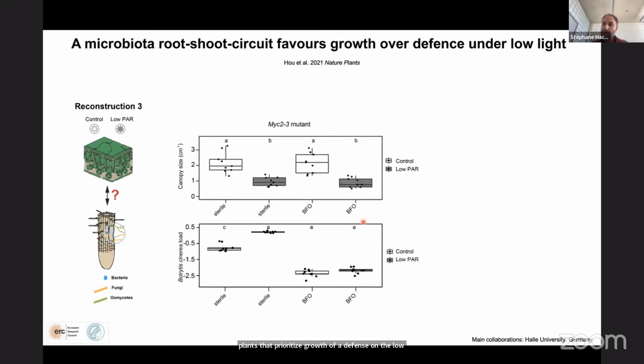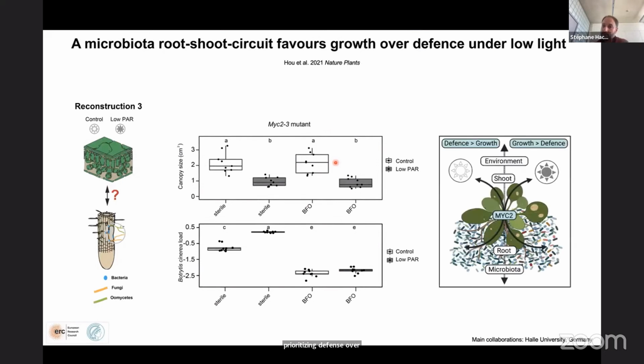And we could observe that this phenomenon is completely impaired in a mutant called myc2-3, an Arabidopsis mutant. We observe that this investment into growth is impaired, and instead the plant is prioritizing defense over growth in the context of the microbiota.